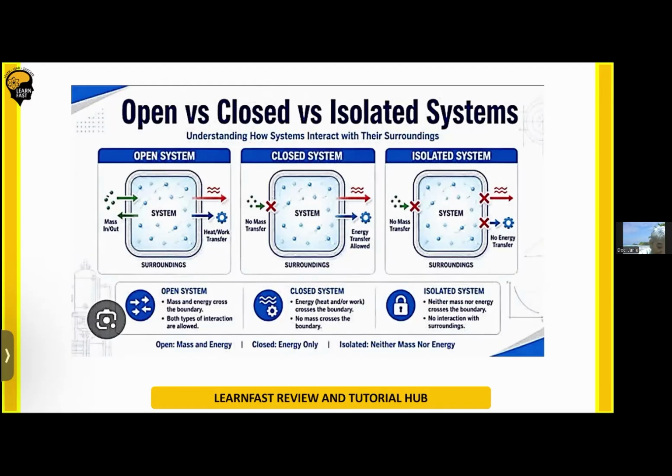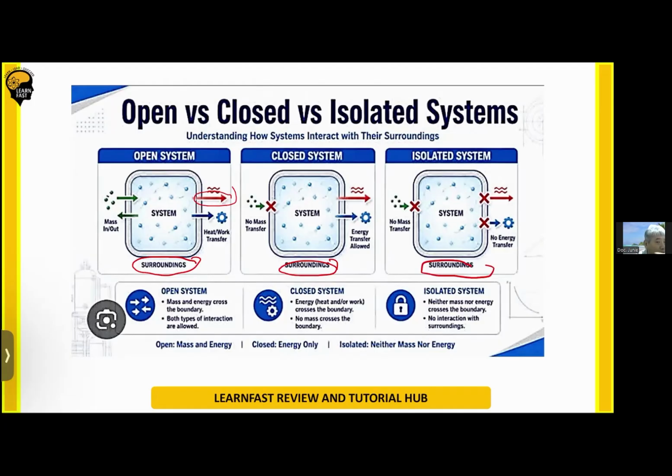The red arrow means the heat is going to move out from an open system. The outside of the system is the surroundings. Kung makikita nyo, yung tatlong picture, merong surroundings.